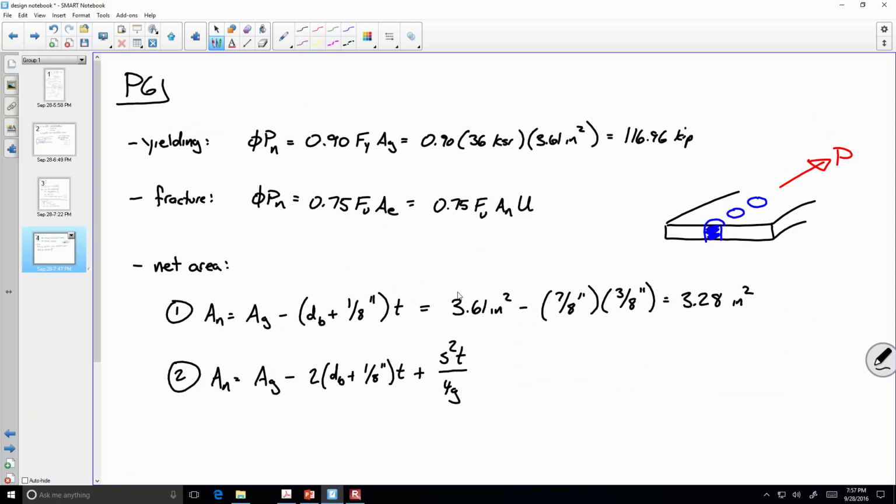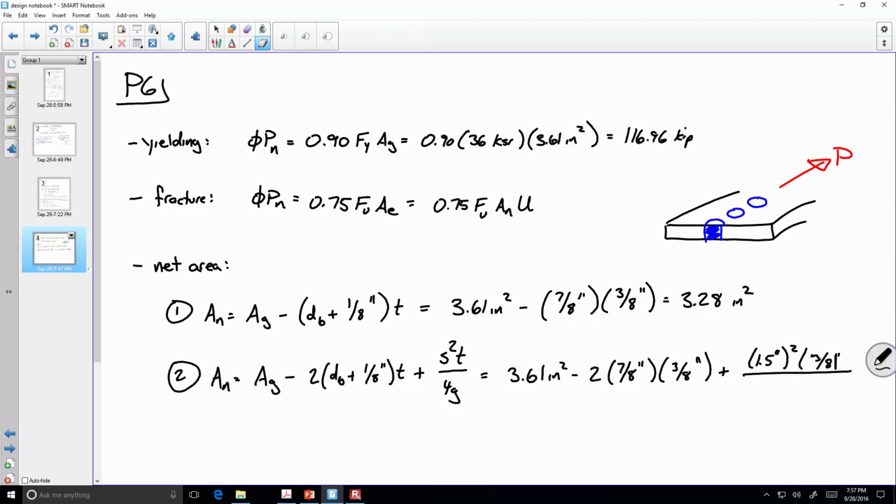Okay. So that is 3.61 minus 2 times 7/8 of an inch times 3/8 of an inch plus 1.5 inches squared times 3/8 over 4g, and that equals what? 3.02.